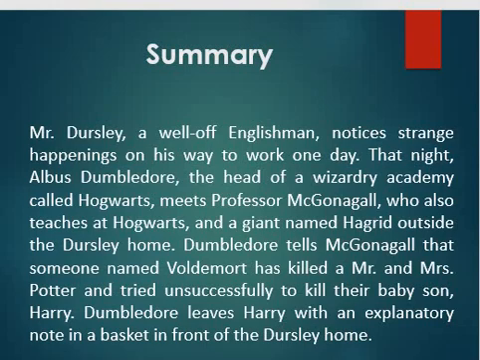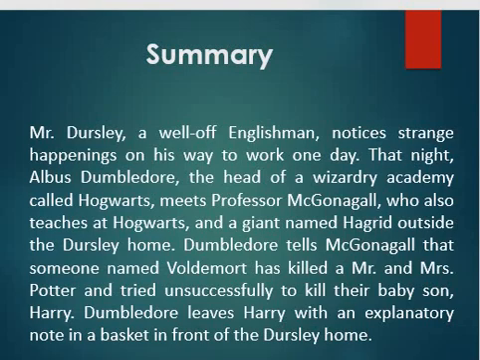That night, Albus Dumbledore, the head of the wizardry academy called Hogwarts, meets Professor McGonagall, who is also a teacher at Hogwarts, and a giant named Hagrid outside the Dursley home. Dumbledore tells McGonagall that someone named Voldemort has killed Mr. and Mrs. Potter and tried unsuccessfully to kill their baby son Harry.